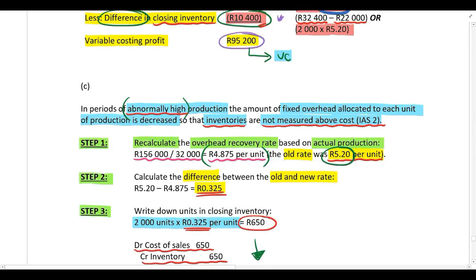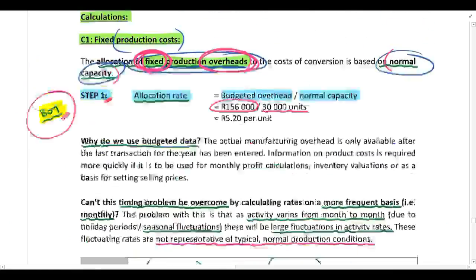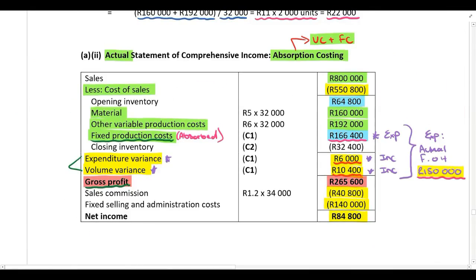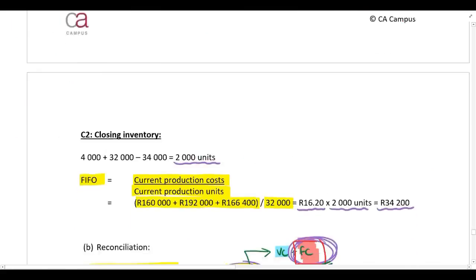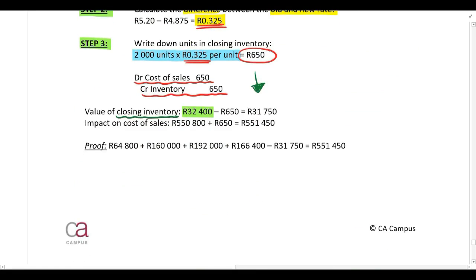So if we go back to the absorption costing statement, inventory was valued at 32,400, so we are now going to write down the value of inventory. The impact will be that my inventory is now valued at 31,750 Rand.